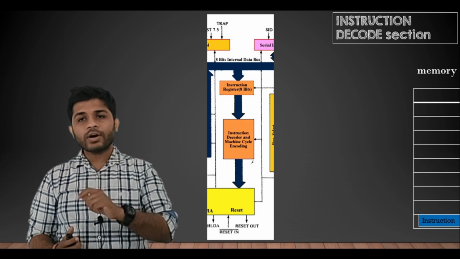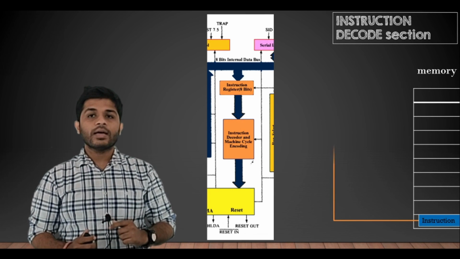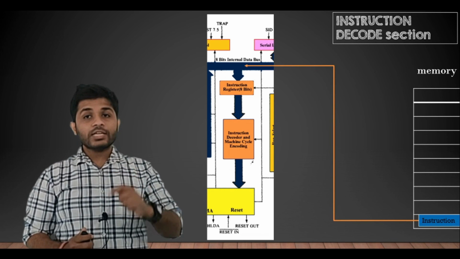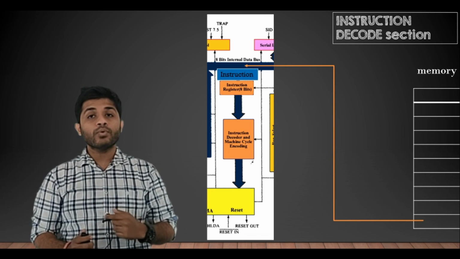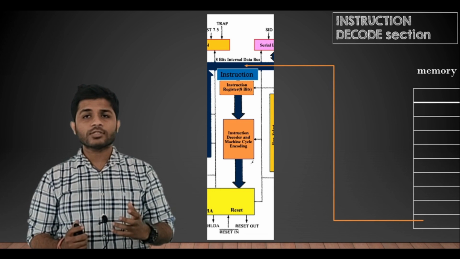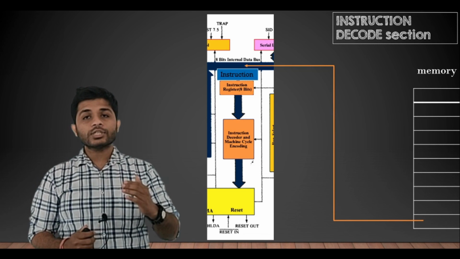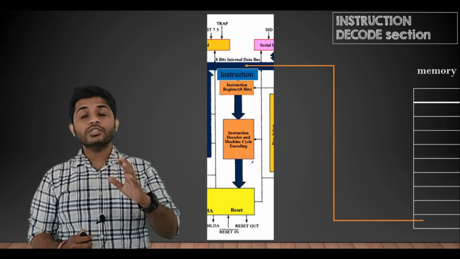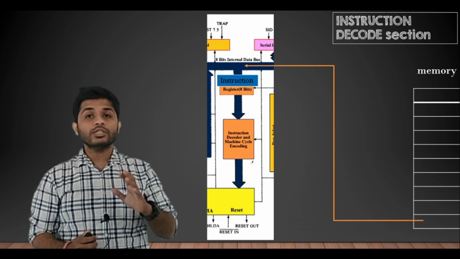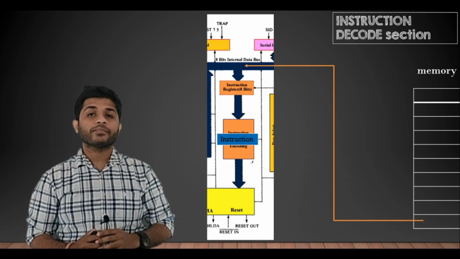Right now there is only one instruction in the memory, so the processor will fetch that instruction. When it fetches that instruction, the instruction moves from the memory to the instruction register. So the fetch process is completed. After that, the instruction is passed from the instruction register to the instruction decoder and machine cycle encoder block.